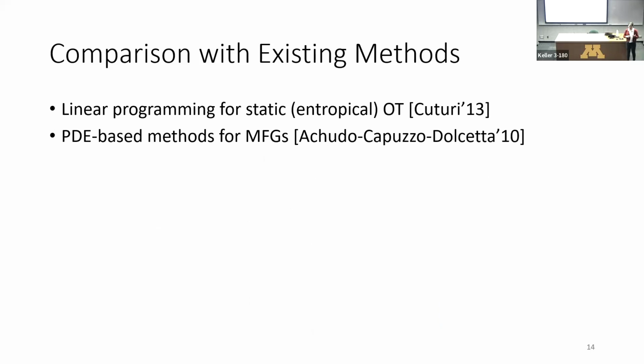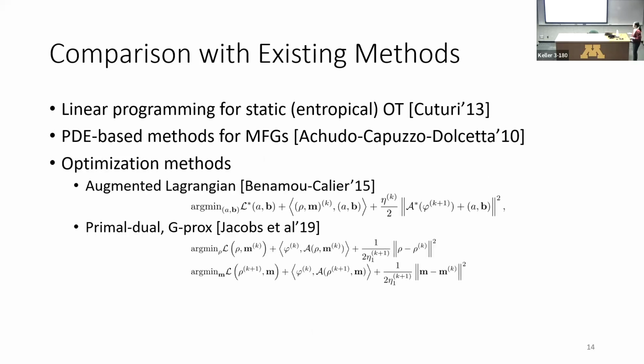So this approach actually gives us a lot of flexibility to deal with mean field games with different objective functions. Because we mentioned the PDE is not easy to solve, and some other popular optimization methods, for example, augmented Lagrange and primal dual, they actually need to solve some sub-problem related to the objective function L here.